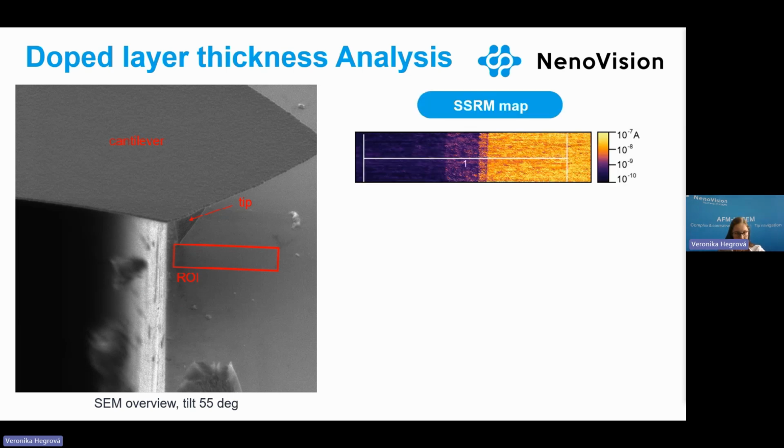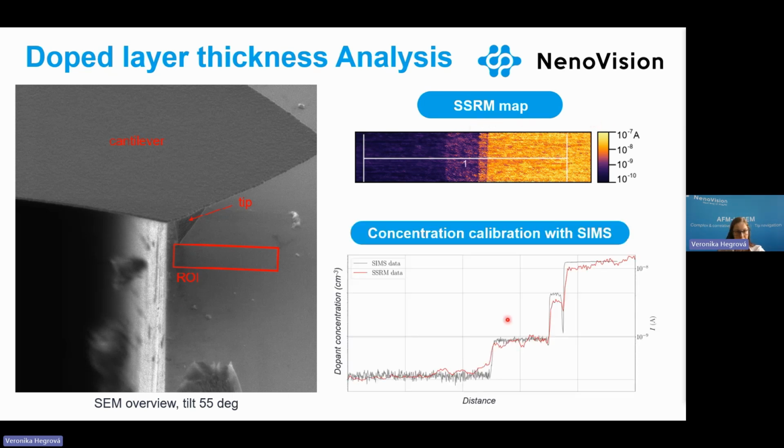When using the SSRM map, we can clearly distinguish different epitaxial layers, measure the thickness from the profiles, and compare it with the SIMS. This way, this can stand for the calibration sample for more difficult structures such as MOSFET or FinFET.